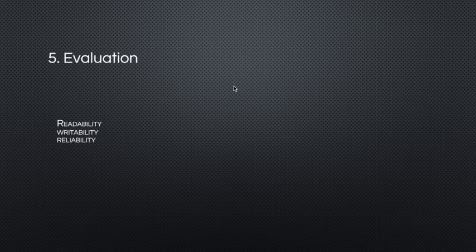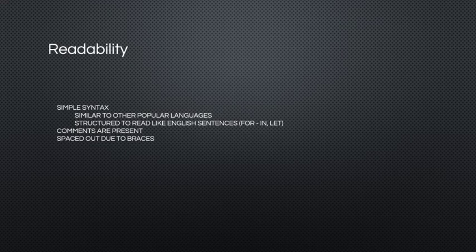Alright, now we're going to talk a little about my personal evaluation of the language. We're going to talk about the three major categories that were outlined in our book, which are readability, writability, and reliability. First is readability, and I guess you probably kind of got my feeling of the language whenever I was explaining the syntax. It's pretty readable, as you can see from all the code that I provided.